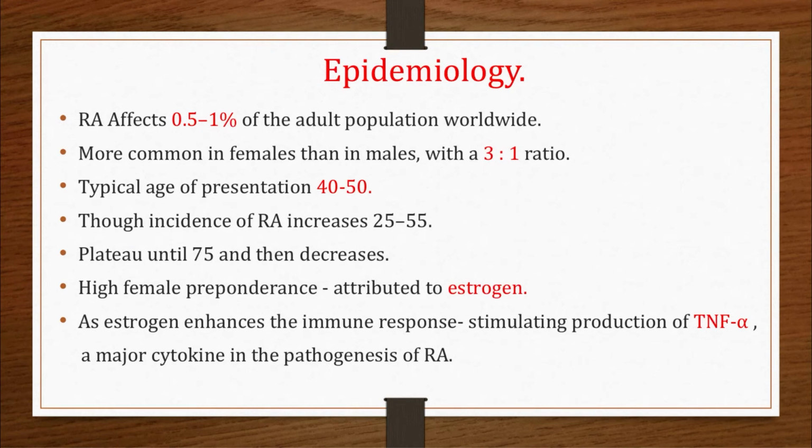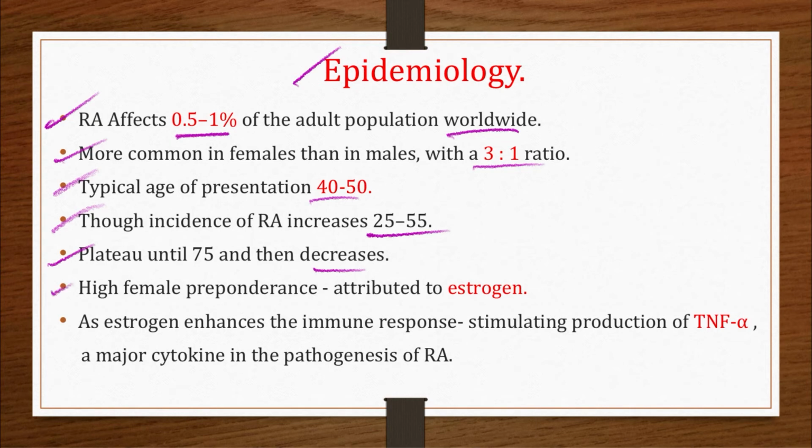Let's talk about the epidemiology. So rheumatoid arthritis affects 0.5 to 1% of the adult population worldwide. It's more common in females than males. The female to male ratio is 3:1. The typical age of presentation is between 40 to 50 years, though the incidence of rheumatoid arthritis increases between 25 to 55 years of age, plateaus until 75 years and then starts to decrease.